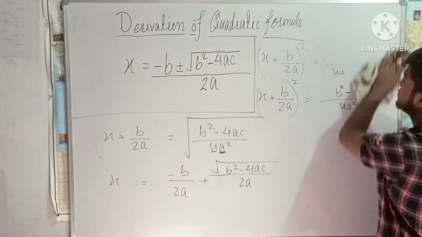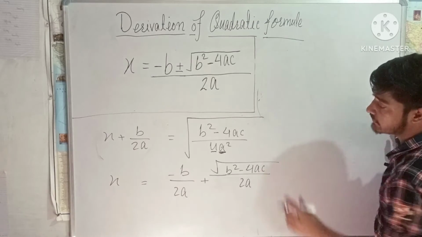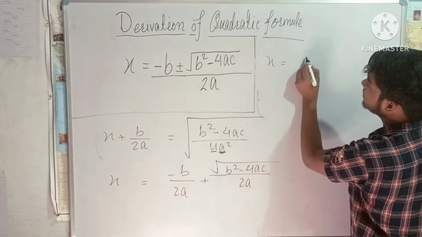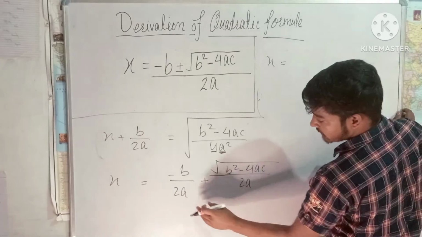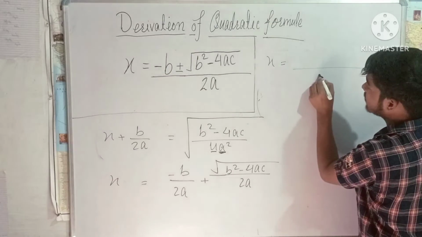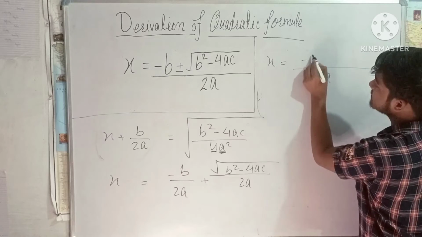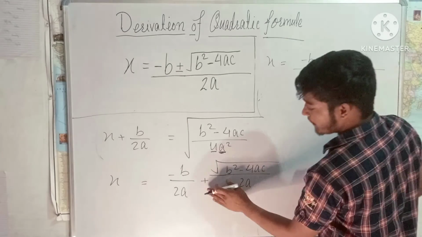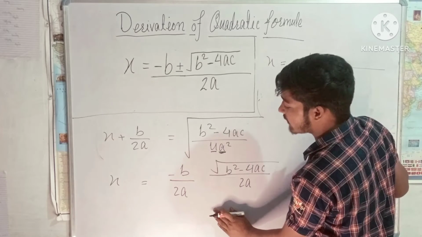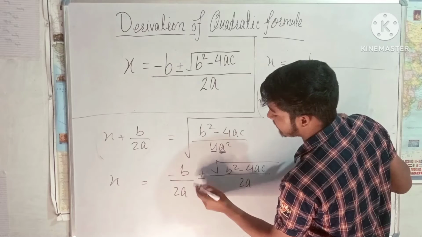Then what can we do? I solve this here. x is equal to, 2a will be common, so 2a as common, then minus b. Here keep in mind that when we find the square root of any number, it will be plus and minus.